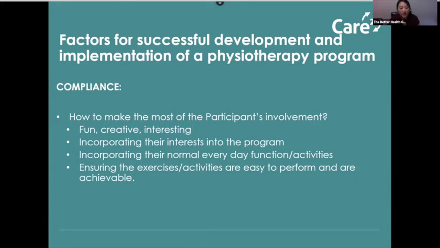So the key thing that I like to look at is really making it fun, creative and interesting. No one wants to participate in a program that is boring. For example, as I said, my 7-year-old participant that I'm seeing at the moment has a very, very short attention span and she gets bored very easily.